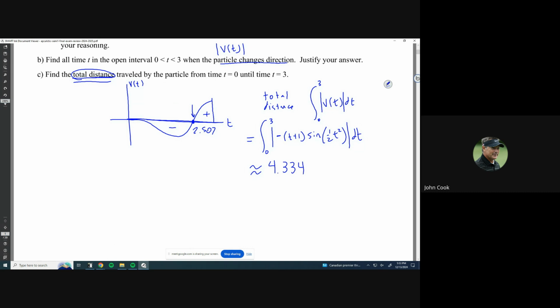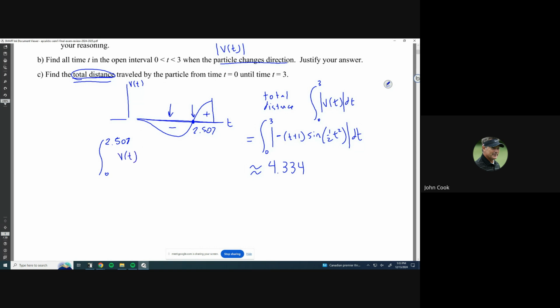That's about it. Again, if you're doing this by hand, you'd want to split this into two separate integrals. You'd have the negative one first, from 0 to the point where the graph turns around, square root of 2 pi or whatever it is, and then your function, v of t.